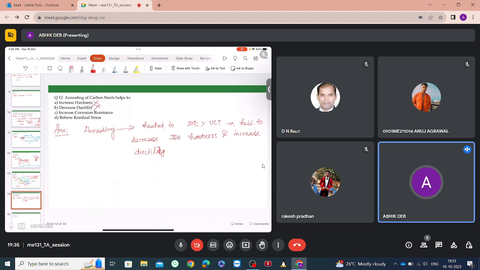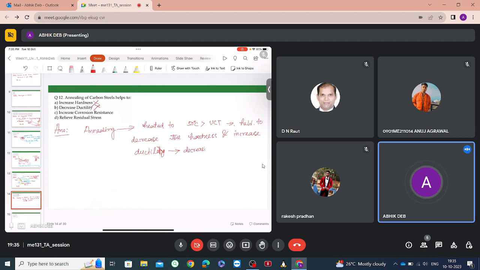So a decrease in the hardness and an increase in the ductility will result in a decrease of the residual stresses. Since ductility is increasing, the brittleness is decreasing. So all the residual stresses that might have been there, compressive or tensile, because the material could not deform properly due to limited ductility, will be relieved.